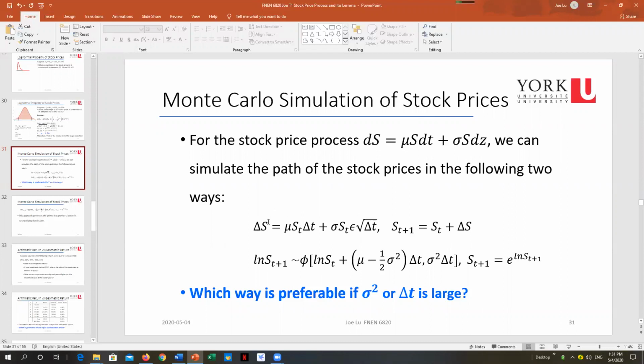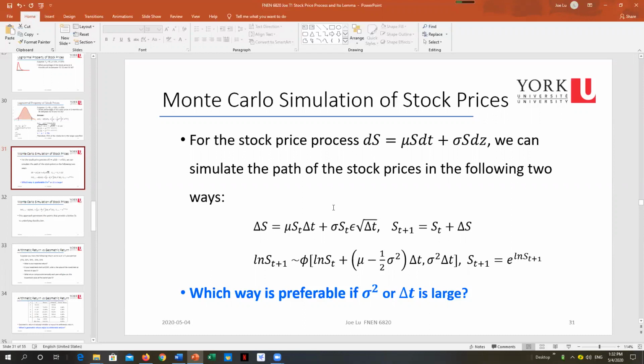So we have delta S equals mu S delta t plus sigma S times a random variable drawn from the normal distribution with 0 mean and variance 1, times the square root of delta t. Then your S t plus 1, the stock price in the next time step, is the current stock price plus this delta S that you simulated randomly.